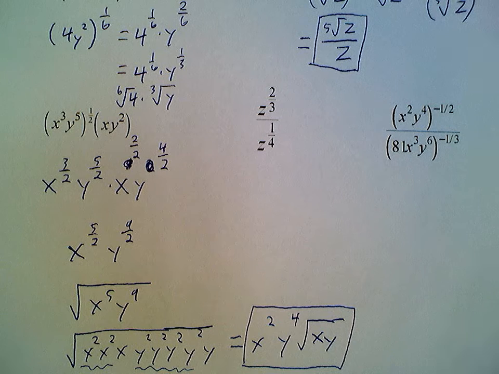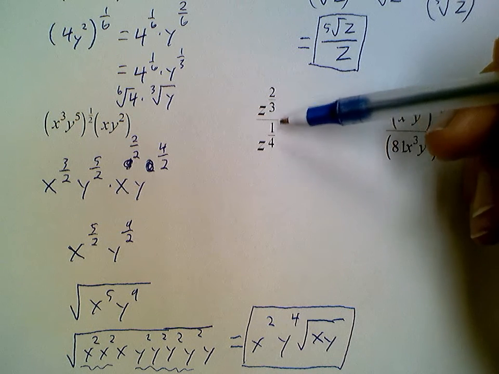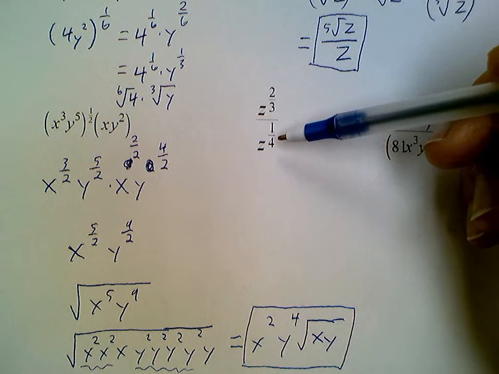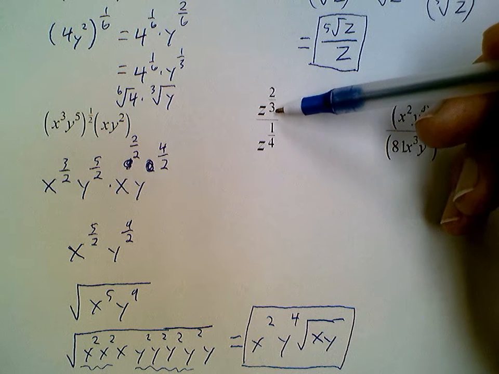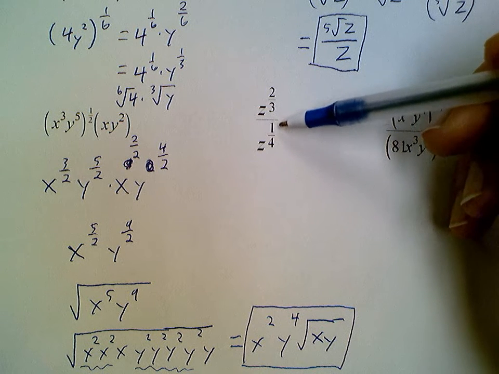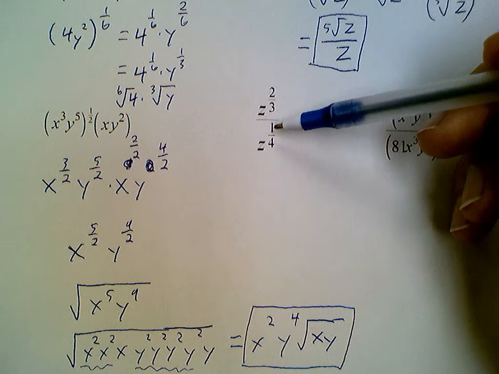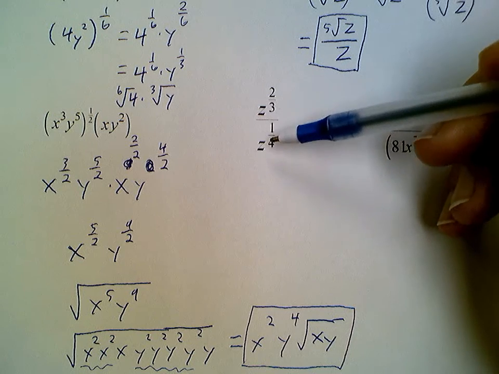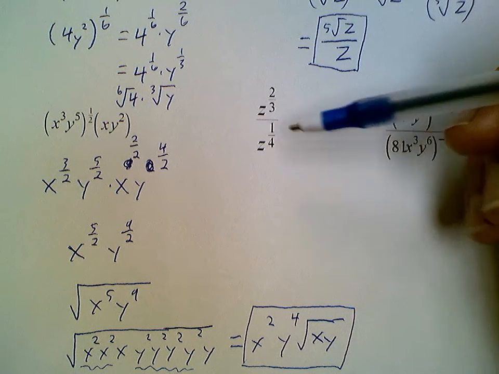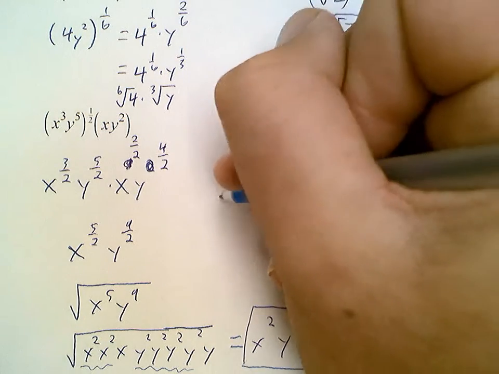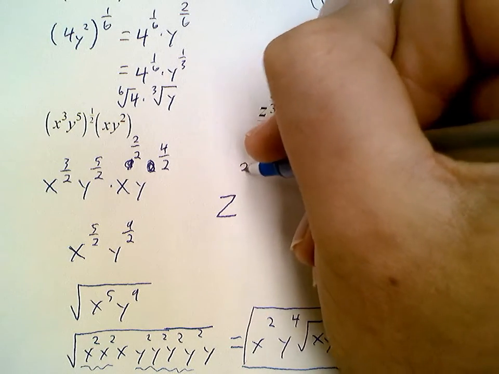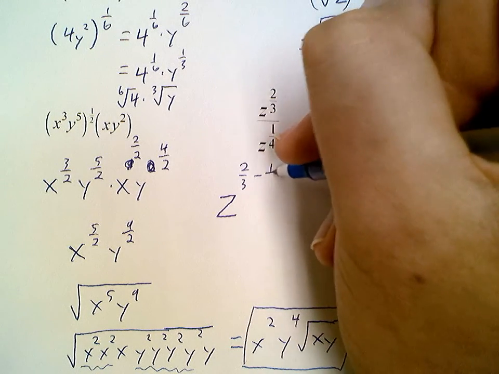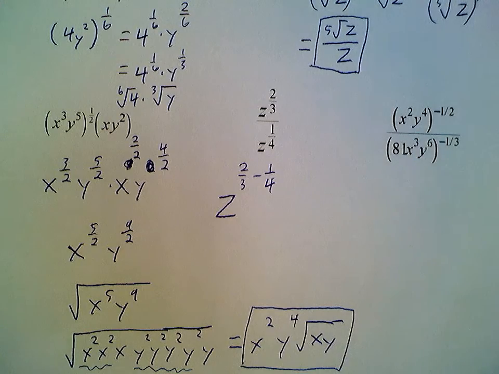Okay, over here I got z to the 2/3 over z to the 1/4. Now remember the rule for when you're dividing exponents, if they have the same base, you can simply subtract the exponents. So for this, it's as simple as basically rewriting this to be z to the 2/3 minus 1/4. So how do I take 2/3 minus 1/4? I got to have common denominators.